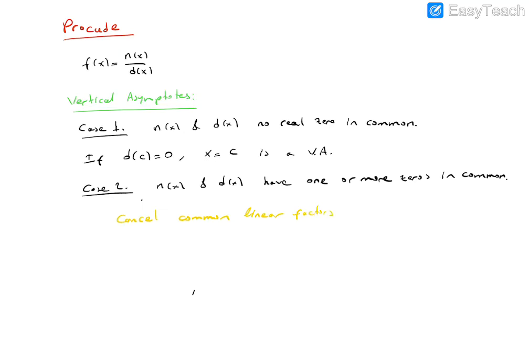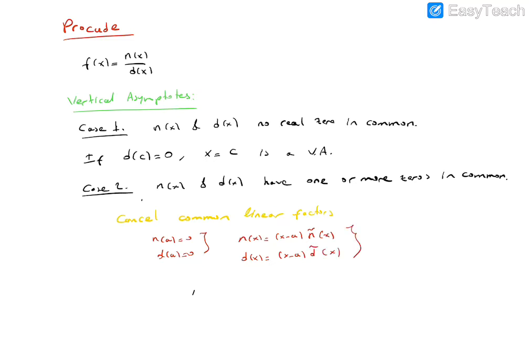So if n of x and d of x have a common zero, for example, a is the common zero, so we know n of a equals 0 and d of a equals 0. That means n of x equals x minus a times some other function, let's denote it by n tilde. And d of x has this x minus a factor again, so the rest part let's denote by d tilde.